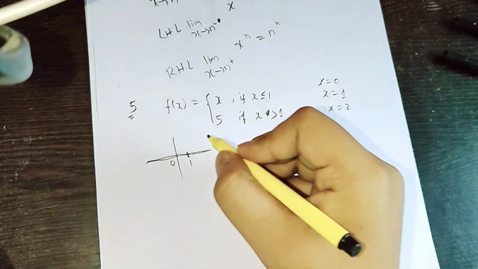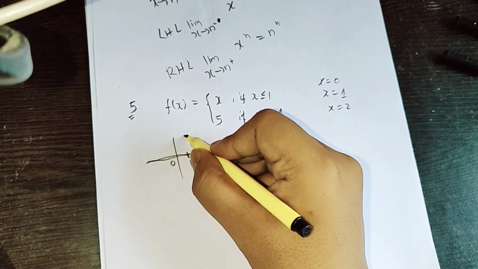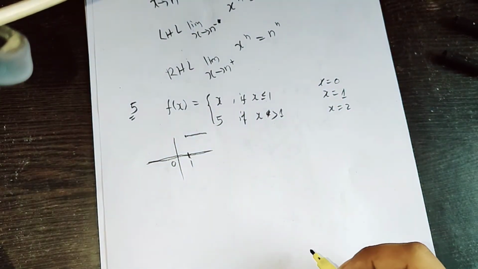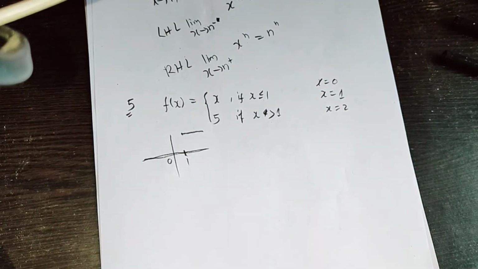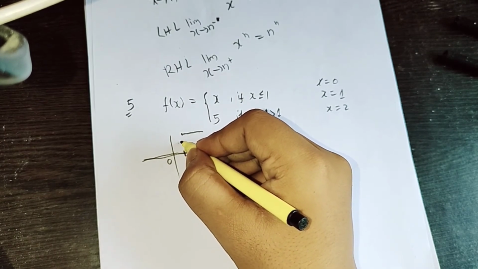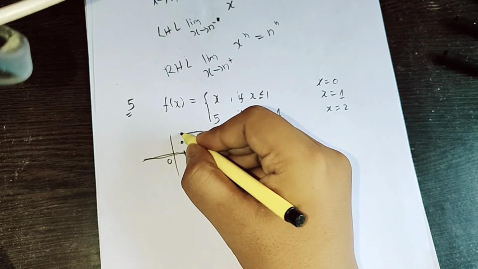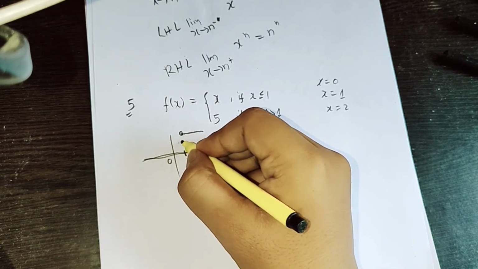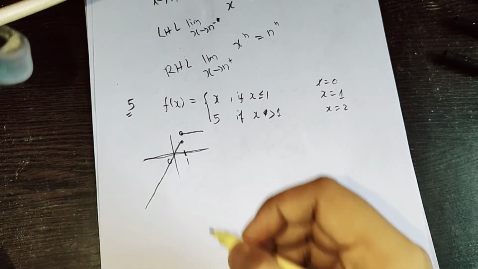When it says that if x is greater than 1, then the functional value will be 5, and if x is less than 1, its value will be x, and the graph of x is this.